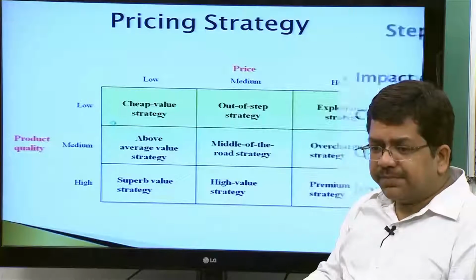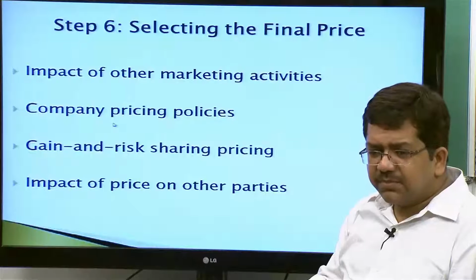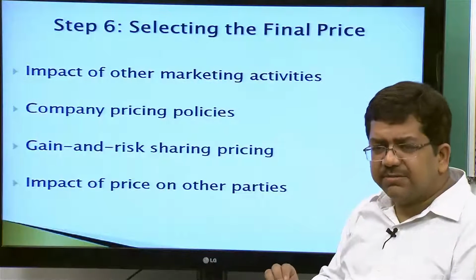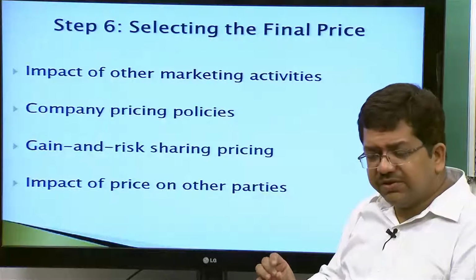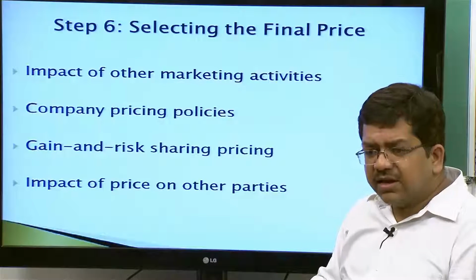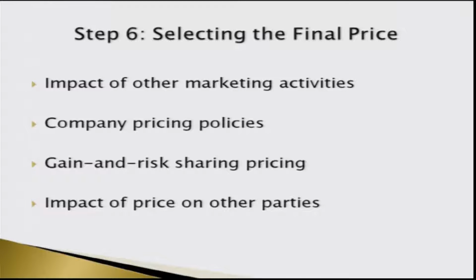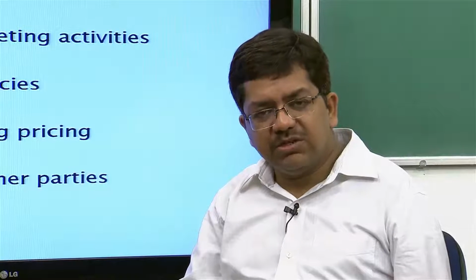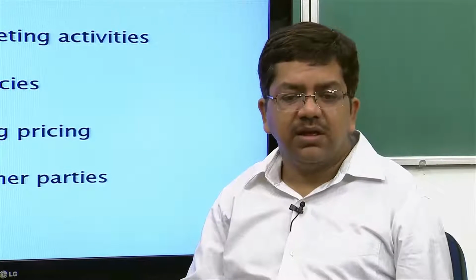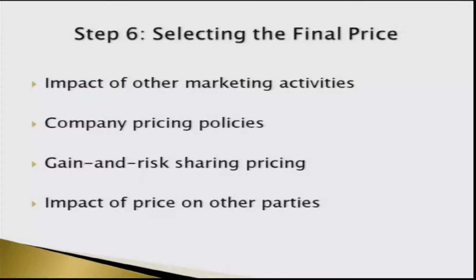So, with this, I come to the last step of setting the price, that is selecting the final price. We have selected the pricing method and we are coming to the final price point, and we need to also look into certain other factors like the impact of other marketing activities, the pricing policy of the company or the organization, gain and risk sharing pricing policy, and the impact of prices on other parties.